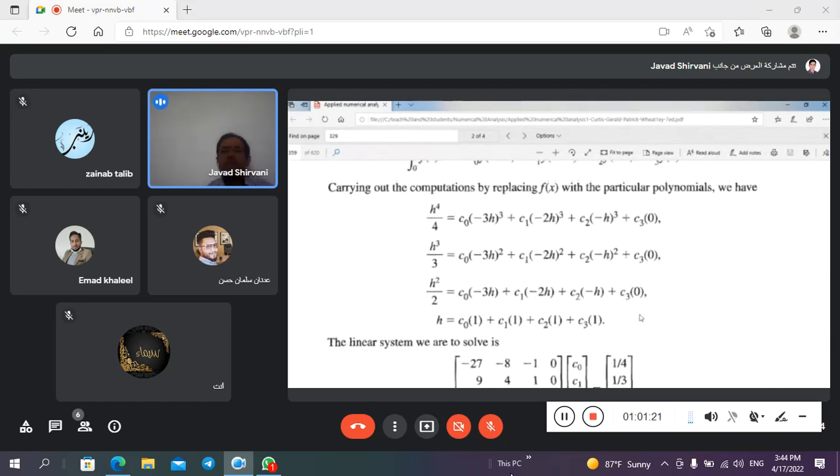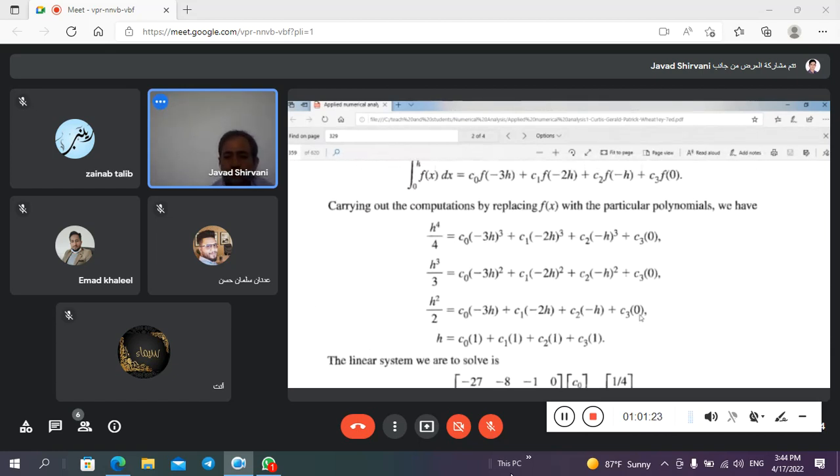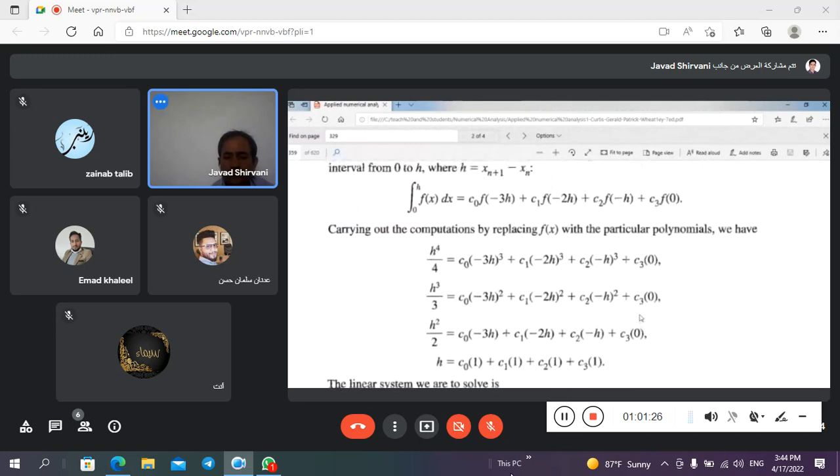By carrying out this formula, for example, if we replace the f with h3, the integration becomes h4 divided by 4. We replace the f with h3, and we get these equations.